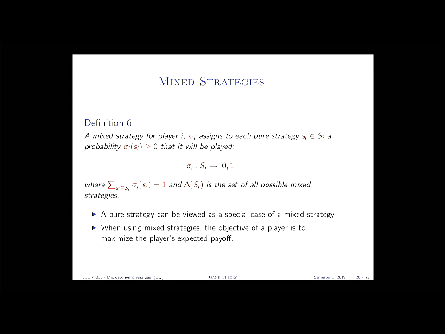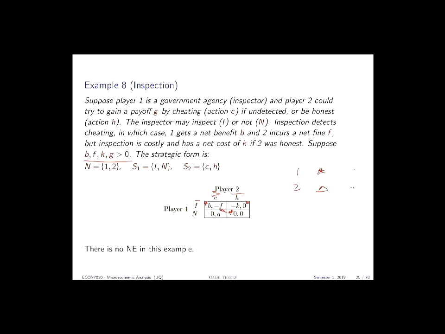But what is a mixed strategy? Note that whatever we said up to now about players' actions and strategies were basically certain. We said player 1 plays I. This means that player 1 with probability 1 plays I. And in that case, we will see what would be the response of the other player.